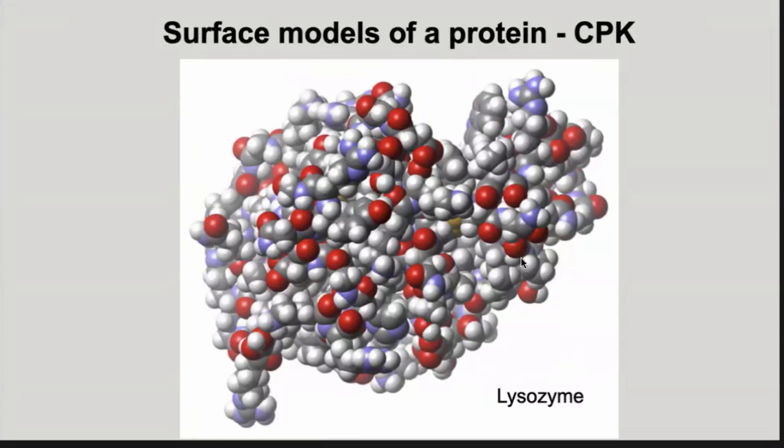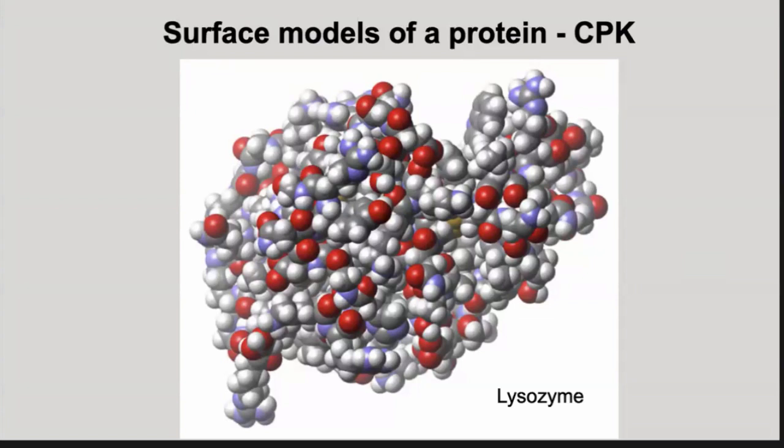Now, I've shown you this picture before. This is our space-filling model or sphere model or CPK model of a protein. And it does give you a rough idea of the overall 3-dimensional surface of the molecule. But there is actually another kind of model that's even a little bit better, that does a better job of showing you the overall 3-dimensional shape of a molecule.